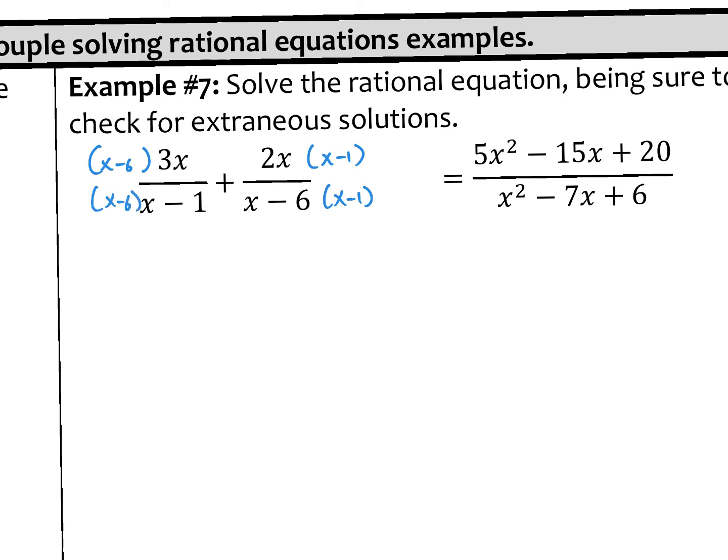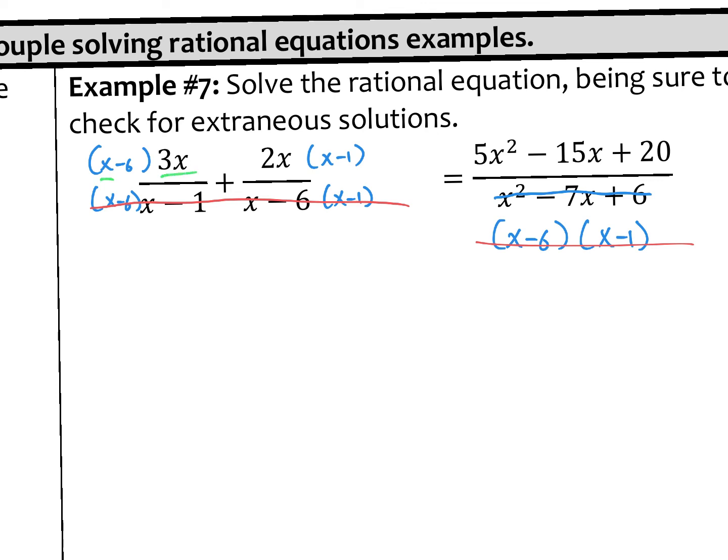If we factor x squared minus 7x plus 6, two numbers that multiply to equal positive 6 and sum to negative 7 would be x minus 6, x minus 1. Okay, so I just factored that, so I'm done with that. I now have the common denominator everywhere, x minus 6, x minus 1, so I can go ahead and clear my denominators. Okay, and then multiply the numerators.